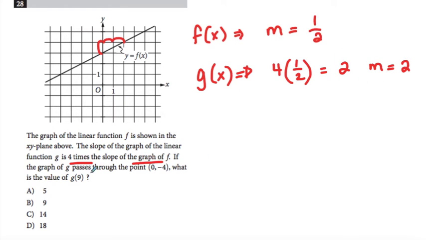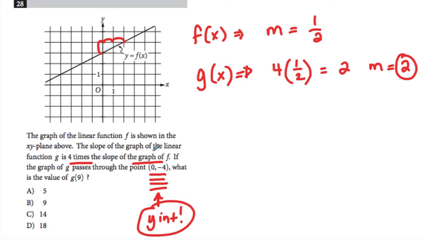It also says that g passes through the point (0, -4). That's the y-intercept. So I have the slope and the y-intercept of the function g. So I decided to write the equation g of x equals 2x minus 4.